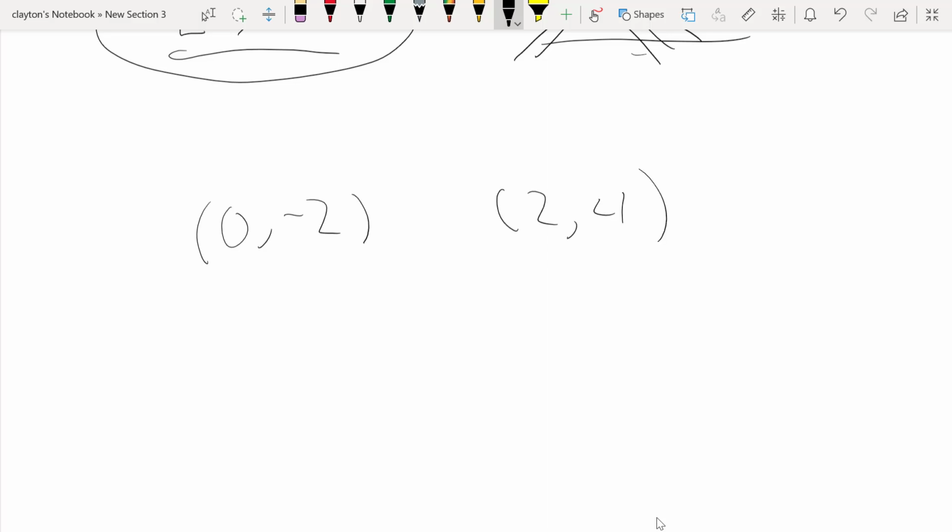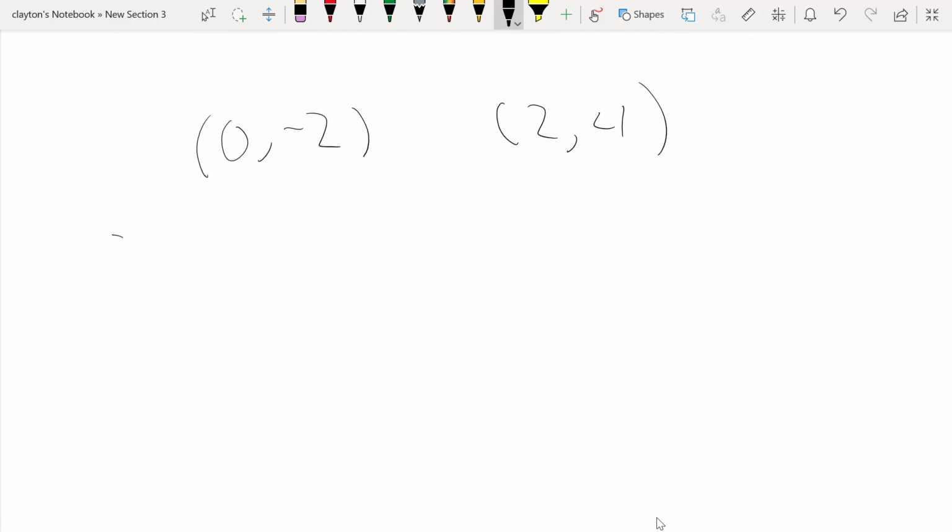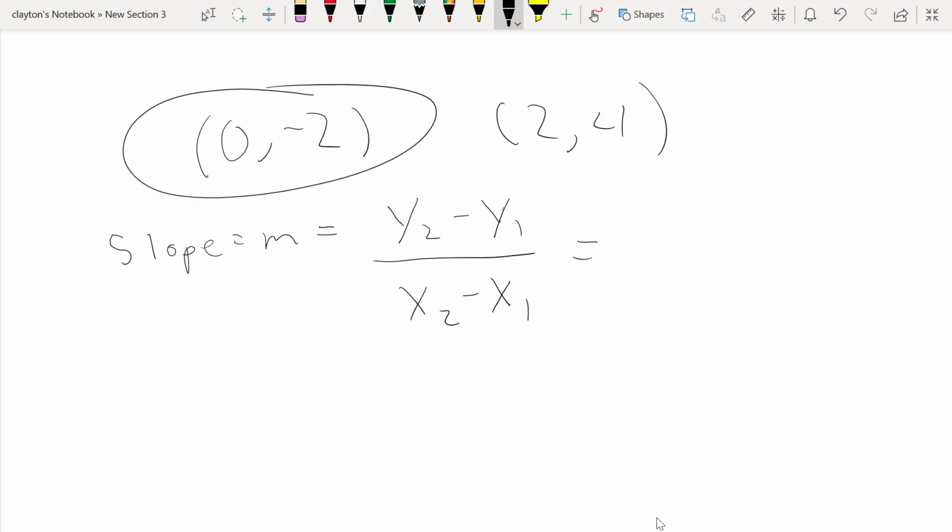And we just need to know the slope of this. So we know slope, which is abbreviated normally as m, is equal to rise over run, or in other words, y2 minus y1, all over x2 minus x1. In our case, it does not matter which one you decide to be x1, y1, x2, y2. Just make sure you keep them in the same order.